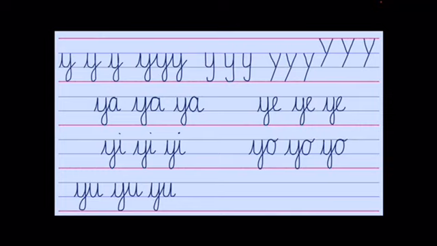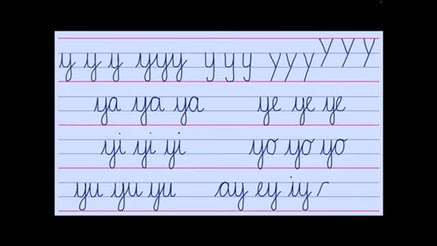This time we will go from A into Y, E into the letter Y, I into Y, and we dot the I when we've finished both letters.